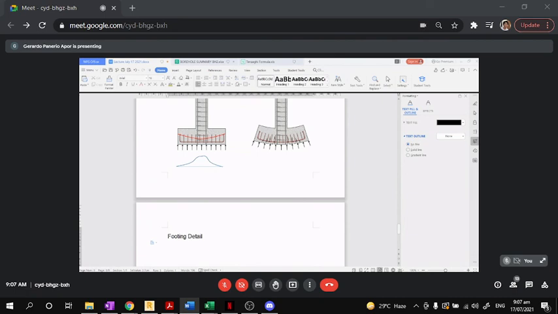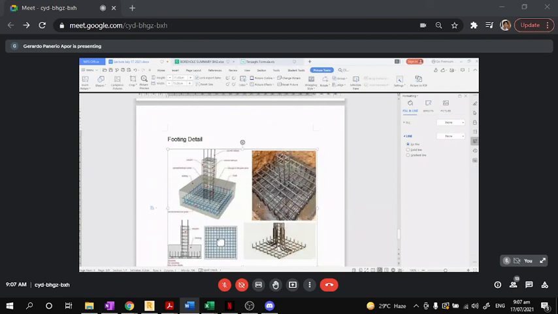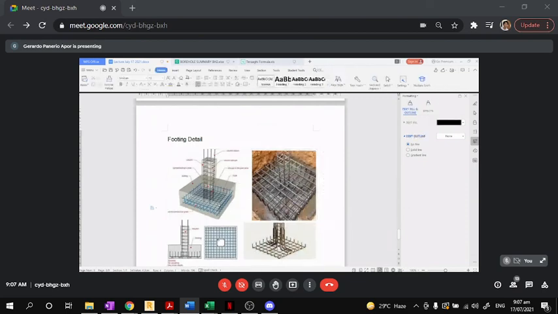This is the last. So, this is done when step 1 gives the size of the footing, length to width.